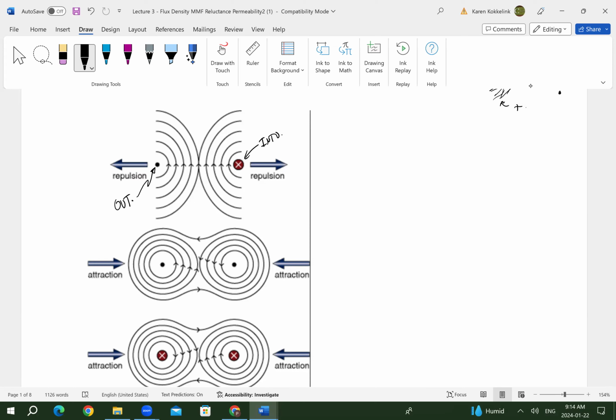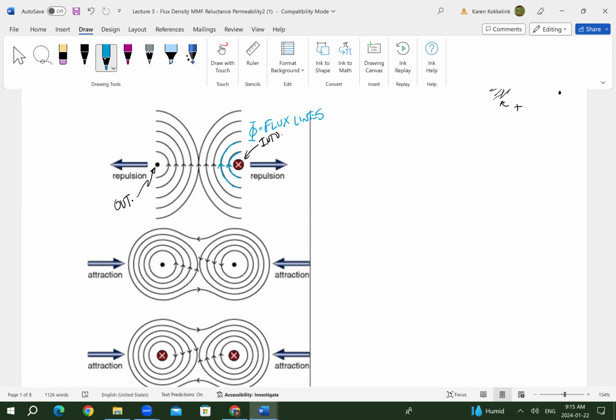Now if we think about our magnetic principles, what we've already learned is that if we induce a current in a wire, in a current carrying conductor, that movement of electrons is going to induce a magnetic field around that conductor. These are called magnetic flux lines, and we have this symbol for magnetic flux lines.